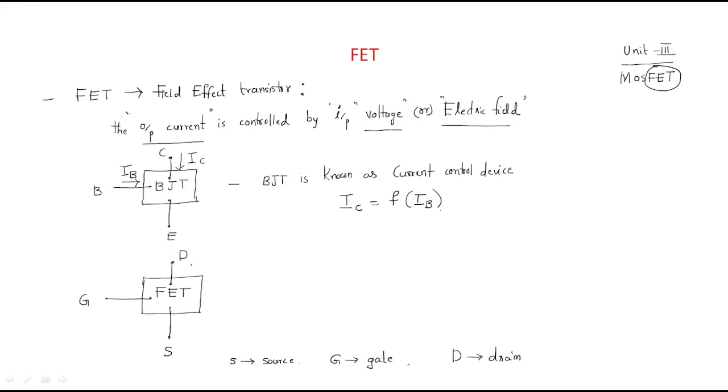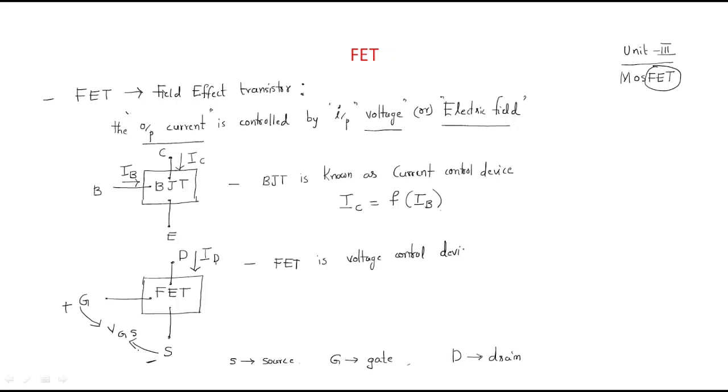Here the output current, ID, is controlled by the input voltage. The input voltage is the voltage between the gate and source, that is VGS. So that's why the field effect transistor, FET, is a voltage control device.